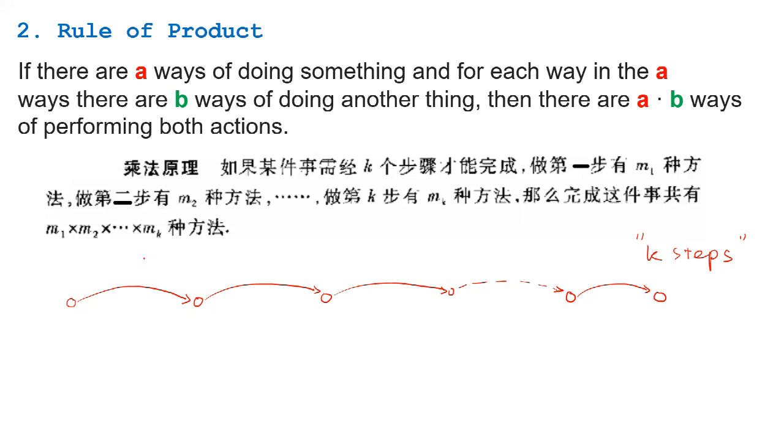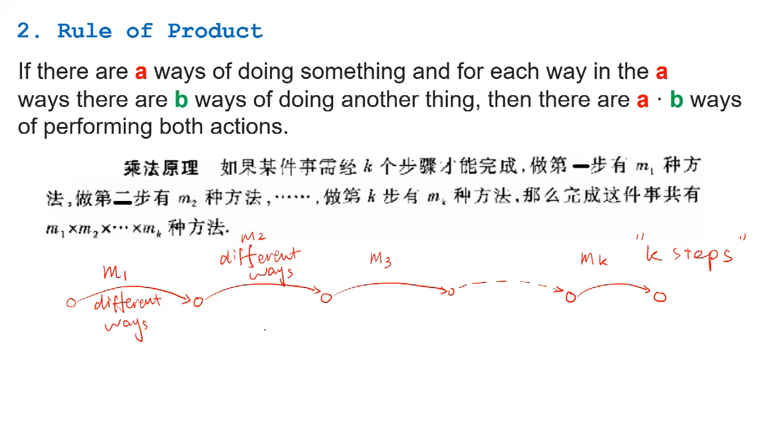Okay, so in the first step, if you have m1 different ways to finish the first step, and m2 different ways to finish the second step, and m3 different ways to finish the third step, and mk different ways to finish the last step.